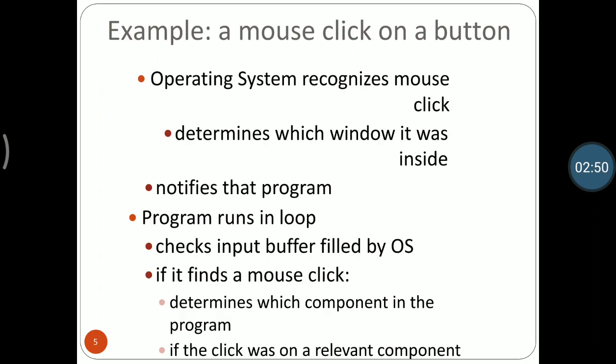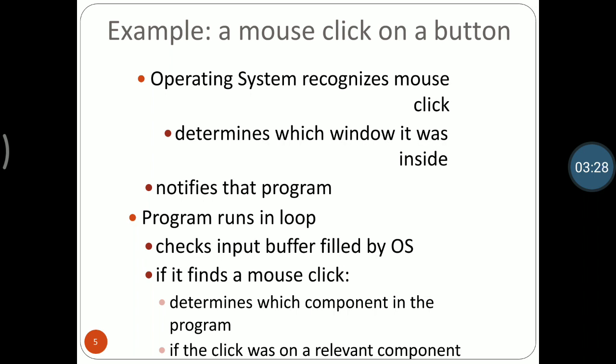We will understand it with an example. We will take an example of a mouse click on a button. When we click with the mouse, the operating system will recognize that click. Then it will determine which window it was inside. That means if you have opened multiple windows at a single time and you perform a mouse click, it will determine in which window this click happened. After that determination, it will notify that particular program.